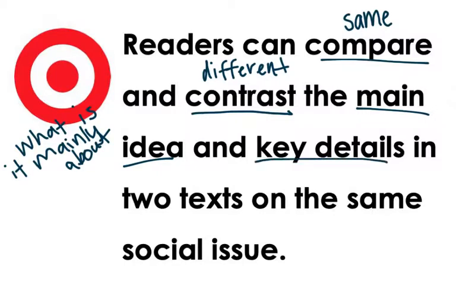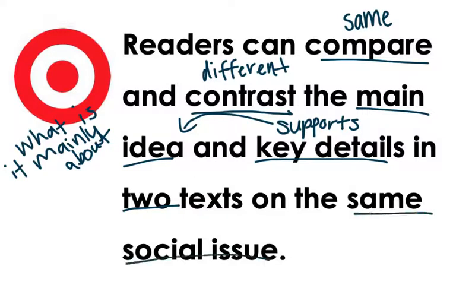Key details, this supports the main idea. Two texts, not one, but two texts on the same social issue. So remember, social issue is problems that affect a lot of people.